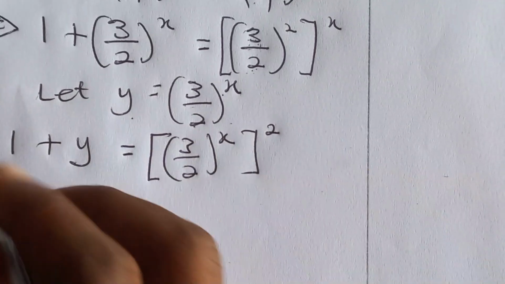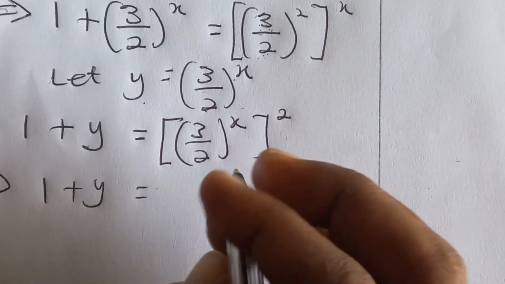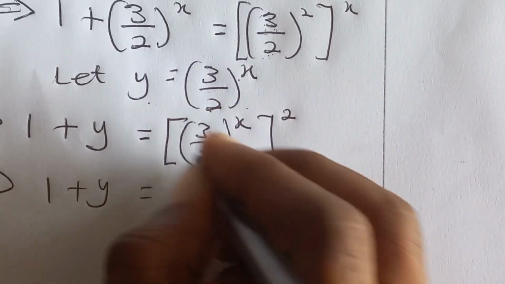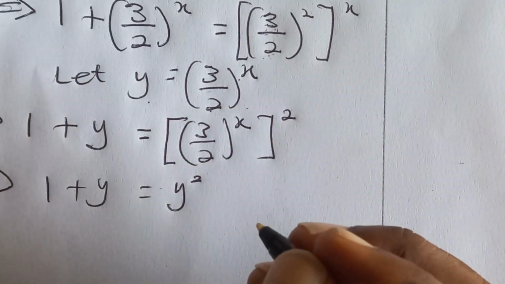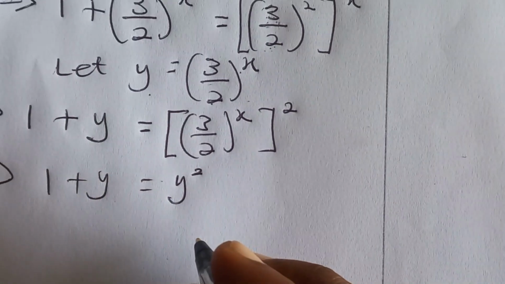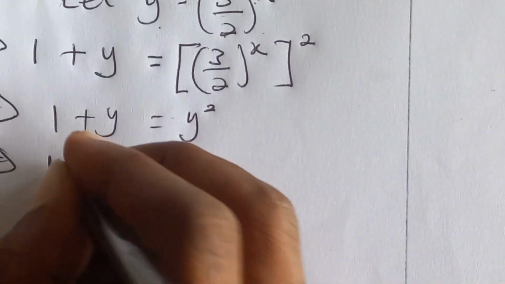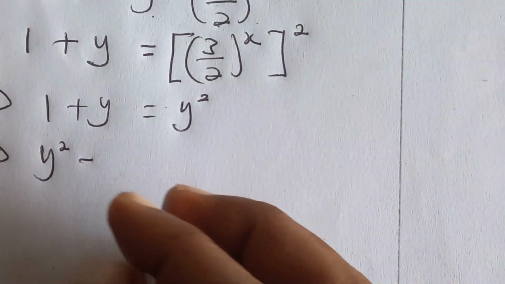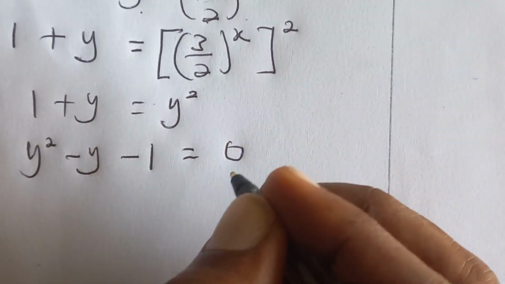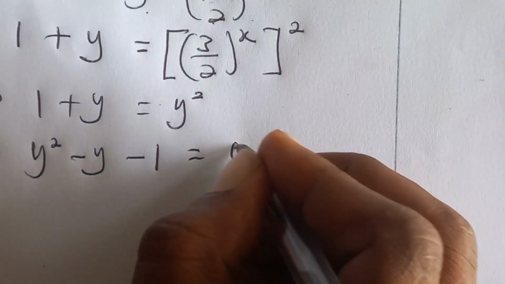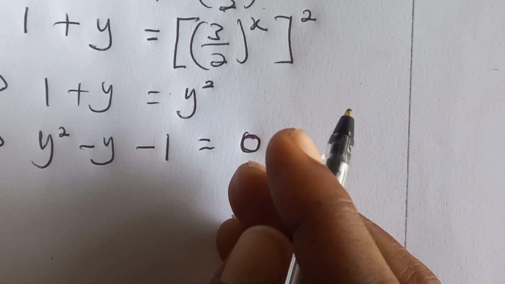You see? So this one here gives us y, then the square, so y squared. So we are forming a quadratic equation. So y squared minus, sending this to the right hand side, minus y minus 1 is equal to 0.